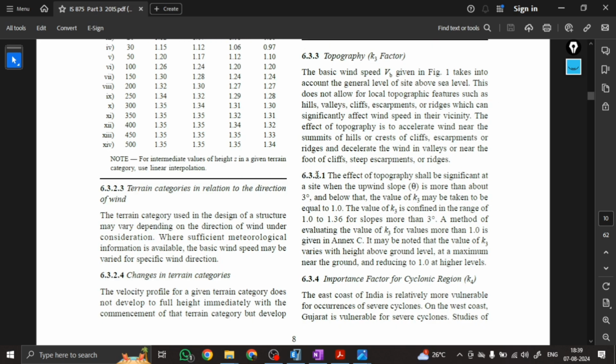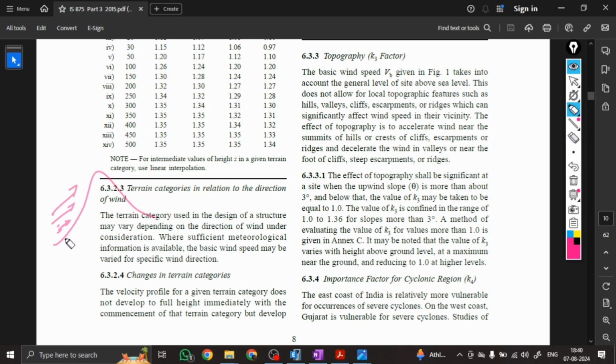Now read this one. The effect of topography shall be significant at a site when the upwind slope is more than about 3 degrees, and below that the value of K3 may be taken to be equal to 1.